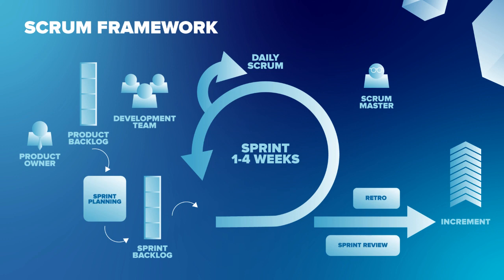The customer also has confidence because he sees working software at a very early stage. He knows that things are moving. So Scrum is more agile, more iterative, more incremental, and more adaptive as well. And nowadays it is a very successful approach for software development.